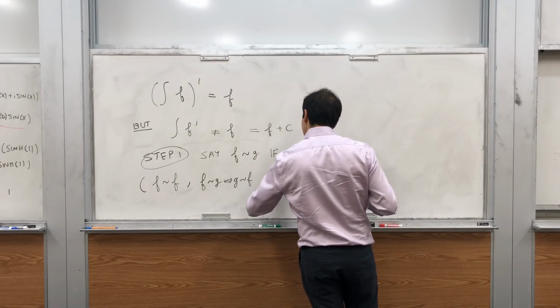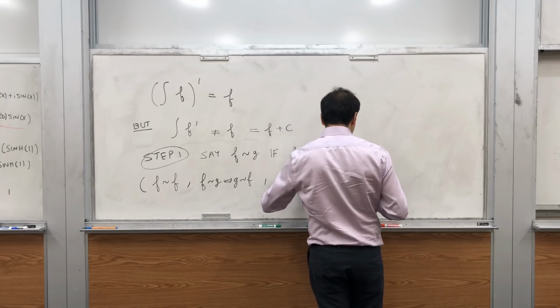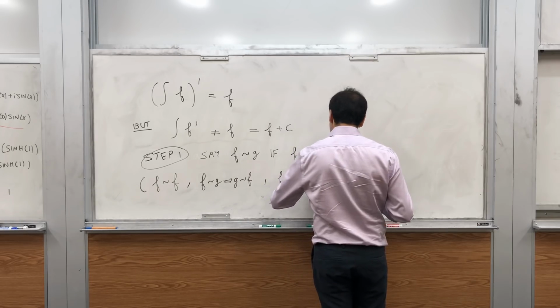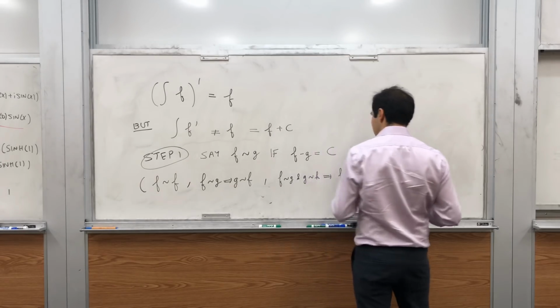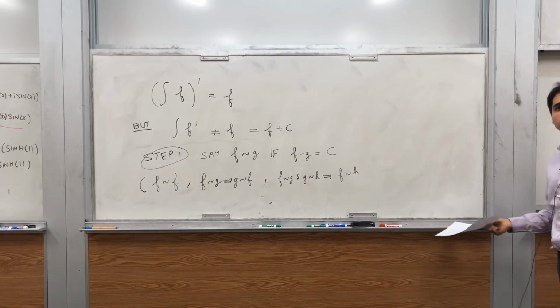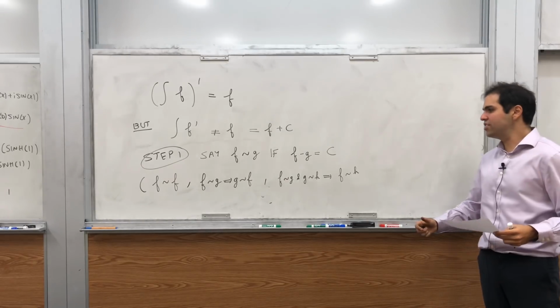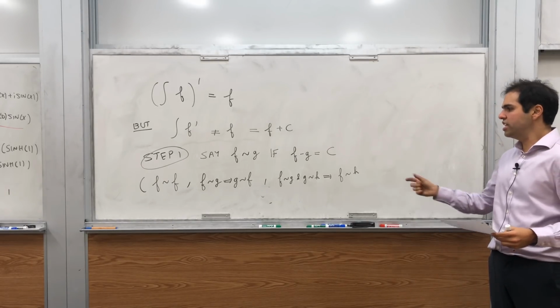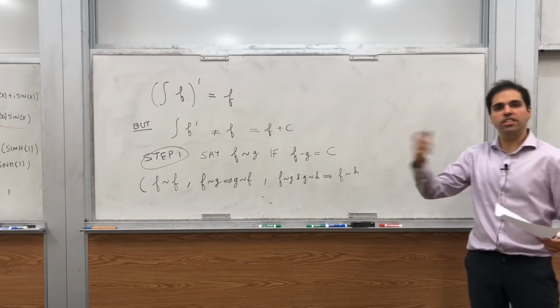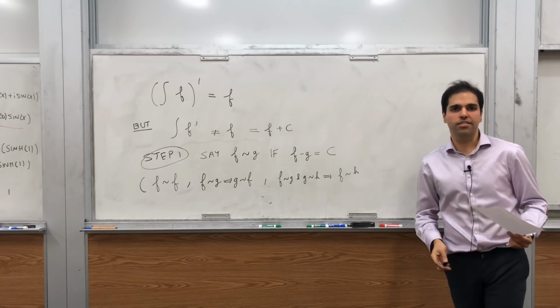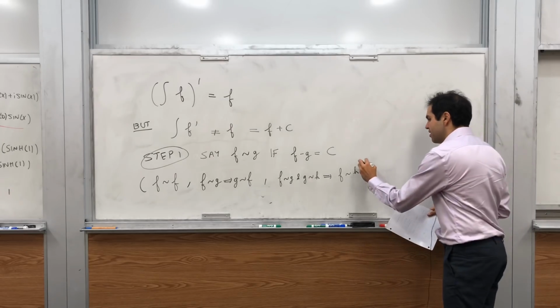And lastly, if f is equivalent to g and g is equivalent to h, then f is equivalent to h. Indeed, this is also true. If f minus g is a constant and g minus h is another constant, then f minus h is just the sum of those two constants, which is still a constant.